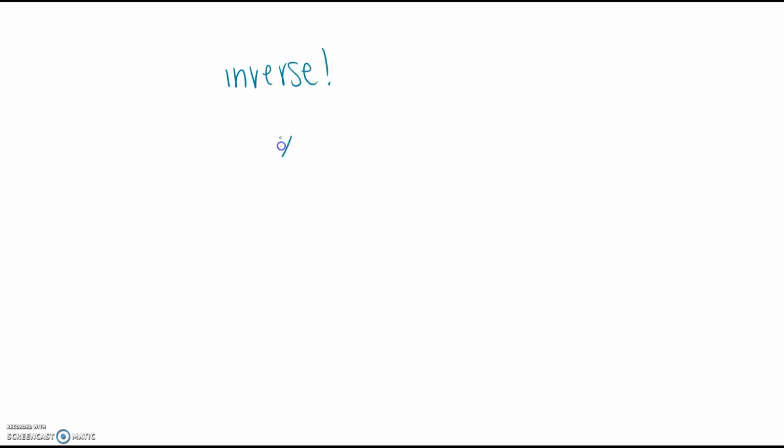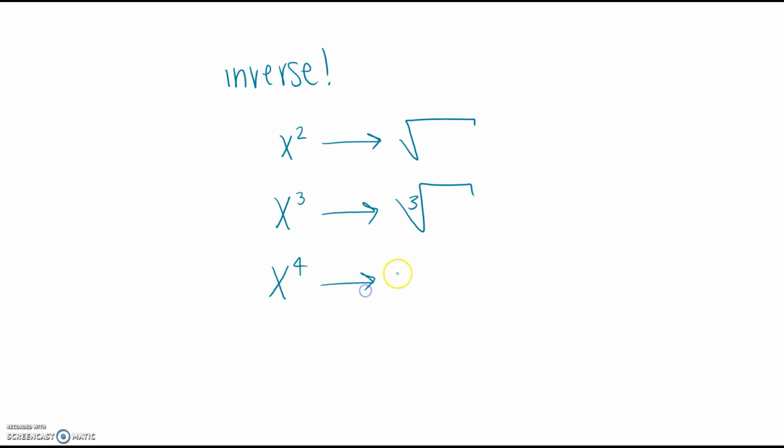The inverse, if I have x squared, is taking the square root. The inverse of cubing something is taking the cube root. The inverse of something to the fourth is the fourth root, and so on and so forth.